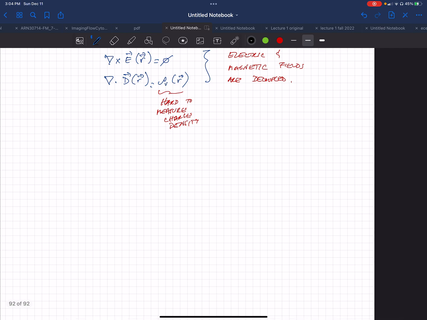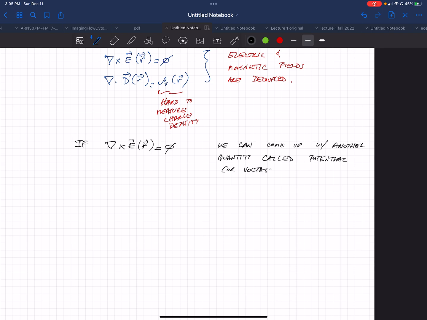I'm not going to show this, but if del cross E of r is equal to zero, which it is in electrostatics, then we can come up with another quantity called potential, or voltage.